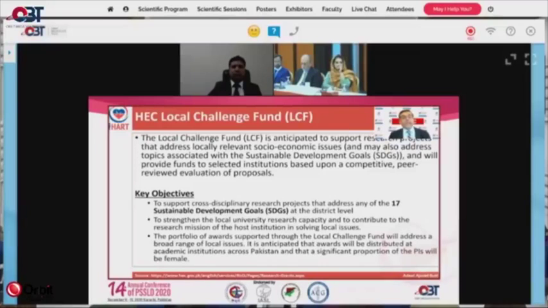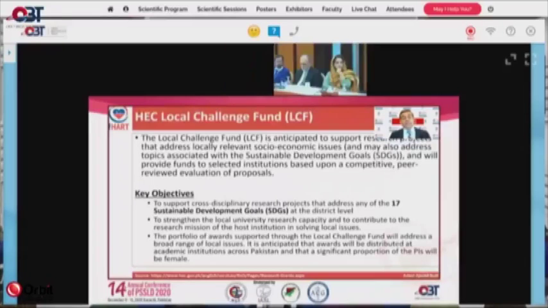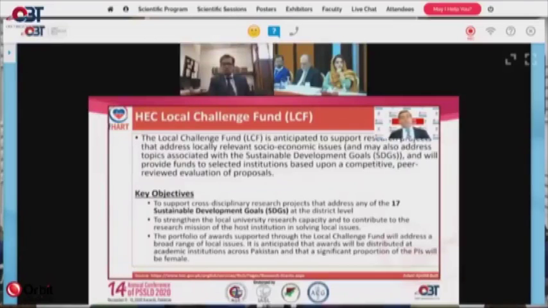The key objectives of the LCF are to support cross-disciplinary research that addresses any of the 17 SDGs at the district level. They also intend to support strengthening of local university research capacity and to contribute to the research mission of the host institution in solving local issues. So as opposed to the Grand Challenge, which is more of a national scale, this looks at more local issues and problems at a local level.